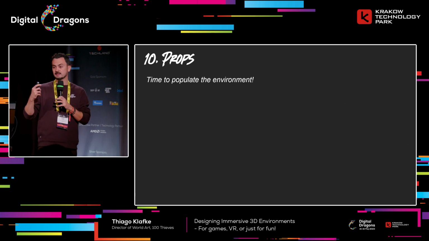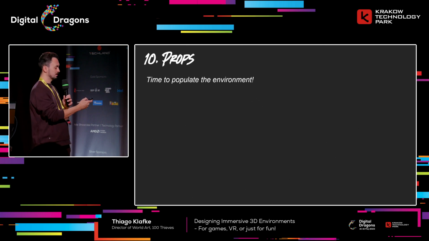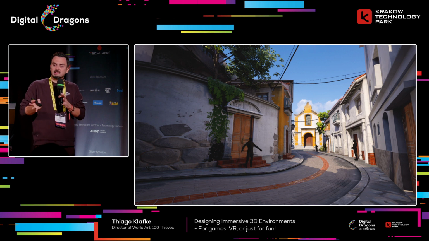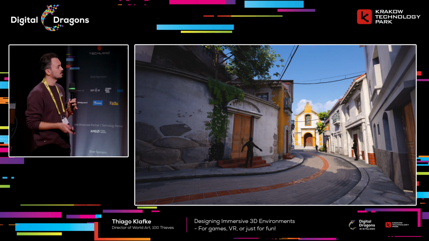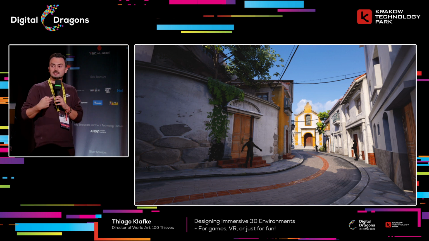I really want to hammer on this: trust the process. After you get here, this looks okay, but it still doesn't look so cool. But once you get to the set dress and the props, that's when things look good.